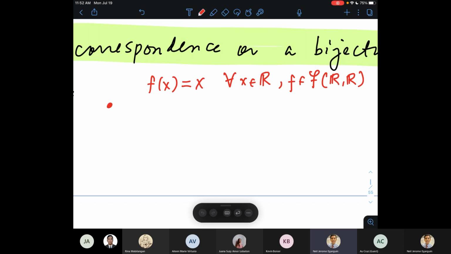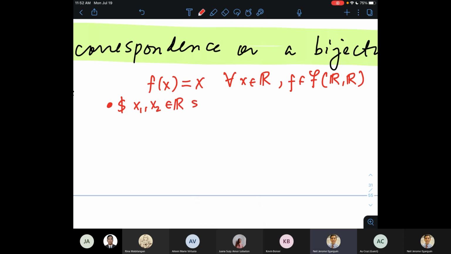For it to be monic, for it to be one-to-one, you need to consider 2 elements of the domain, say x1 and x2, such that their function values are equal to each other, and you want to show that x1 is equal to x2, right?